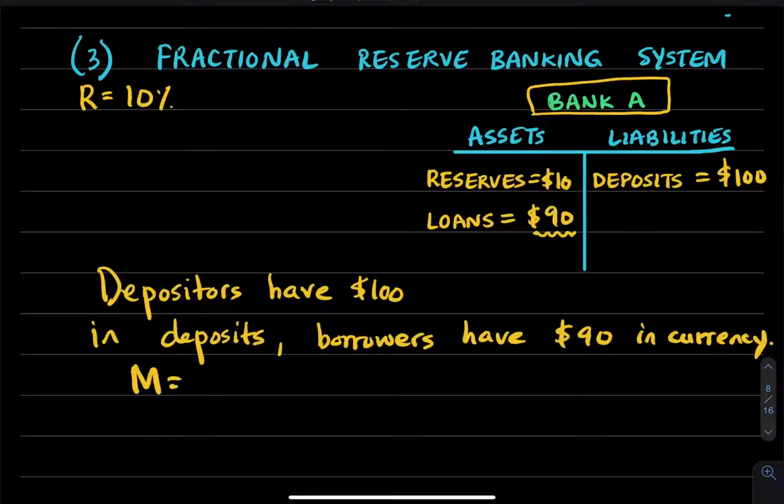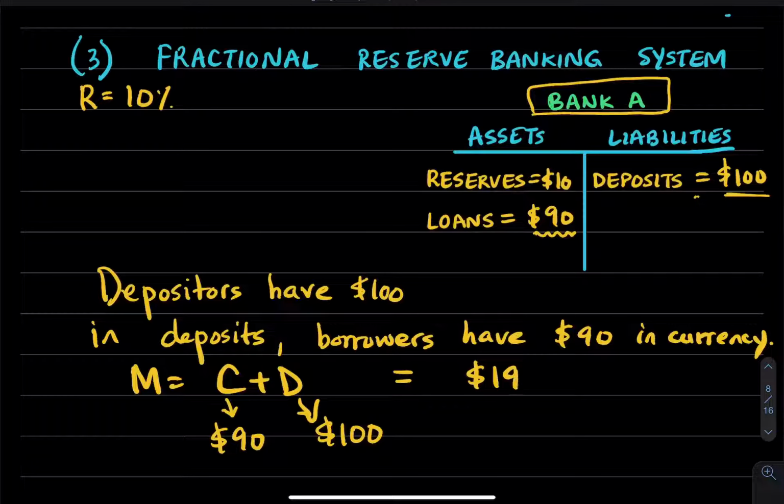Now if we look at money supply and its definition, we can say that the initial deposit was $100. Okay, that's still there. And now, because someone else got that $90, currency is $90. And so the money supply is 190 in the system.